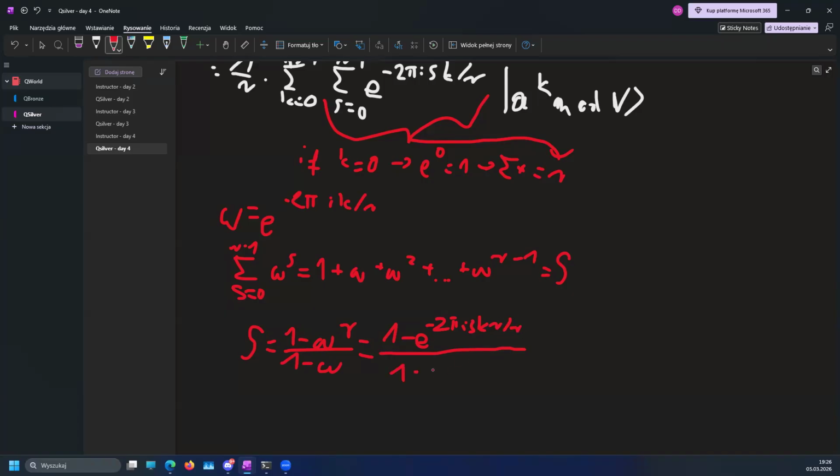And here we will get 1 minus e to the power of minus 2 pi i s k divided by r, and here we get 1 minus 1 because r divided by r is equal to 1, and here we have s times k, which will always be equal to 0.